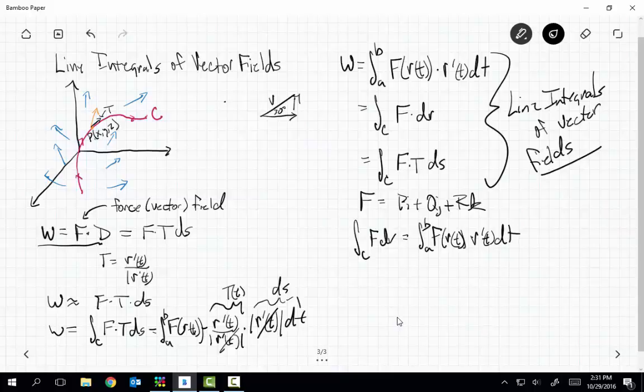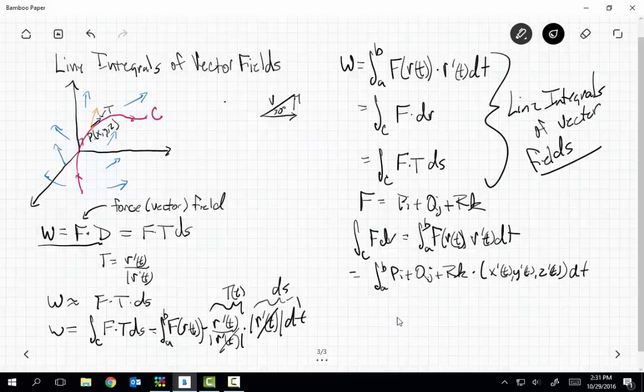Now this is where we tie the whole thing up in a nice tidy little ribbon. This is the integral from a to b of P i plus Q j plus R k dotted with r prime, right? Well, this is just going to be x prime of t, y prime of t, z prime of t, right? We're just talking about vector valued functions. We've been dealing with these for chapters on end, dt, of course.